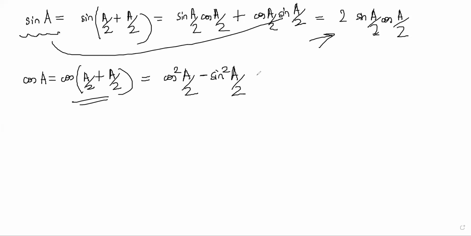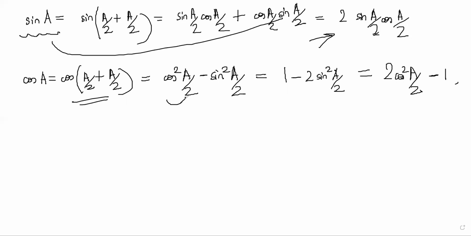So this can also be written as 1 minus 2 sine square a by 2 and 2 cos square a by 2 minus 1. I'm using the identity sine square a by 2 plus cos square a by 2 equals 1. One time I'll use it for cos and one time I'll use it for sine. So I'll get three different versions.